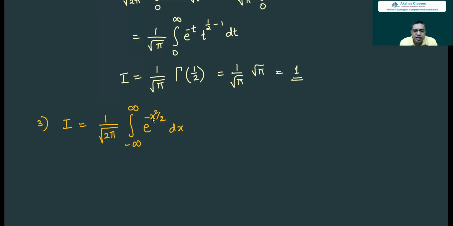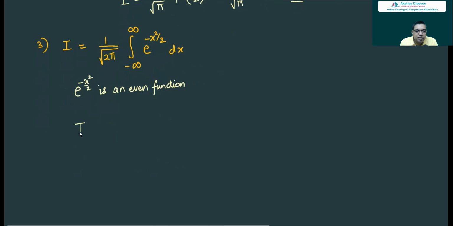So this is an even function. So we can write this as 1 upon under root 2 pi into twice of integral 0 to infinity e power minus x square upon 2 dx.